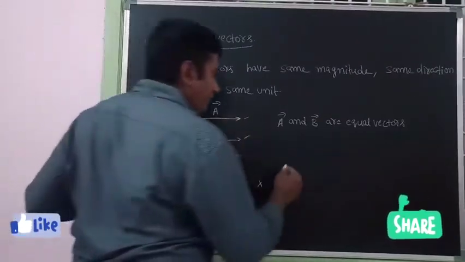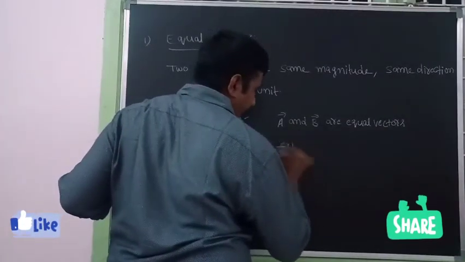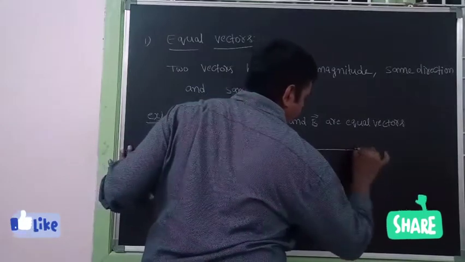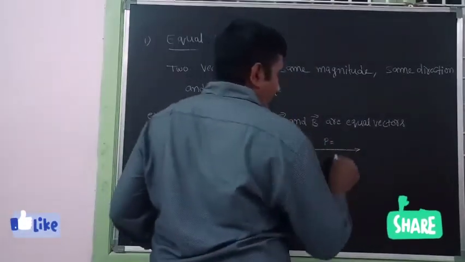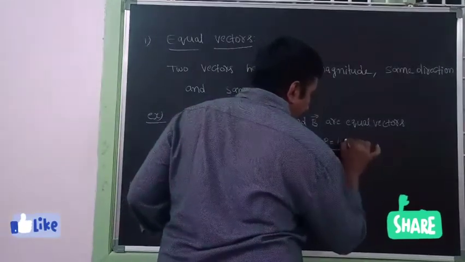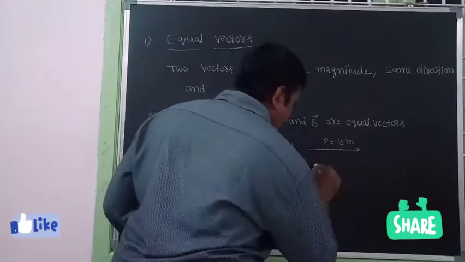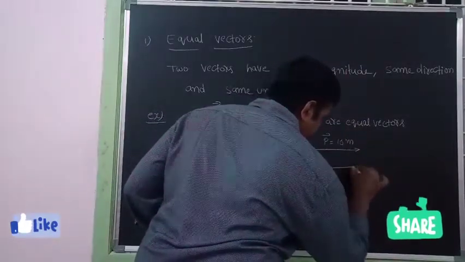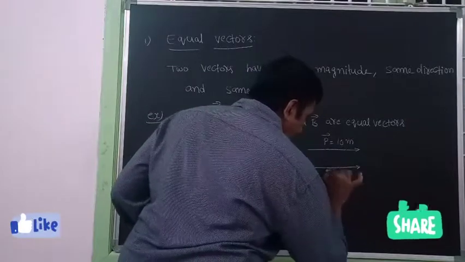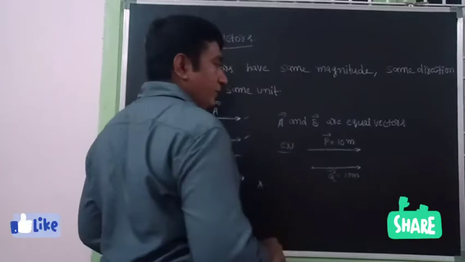Now I am taking one more example. P is equal to 10 meters in the same direction, and Q is equal to 10 meters along the same direction.